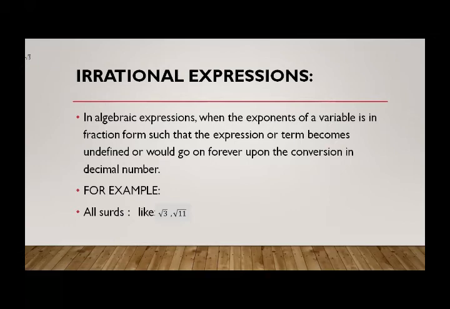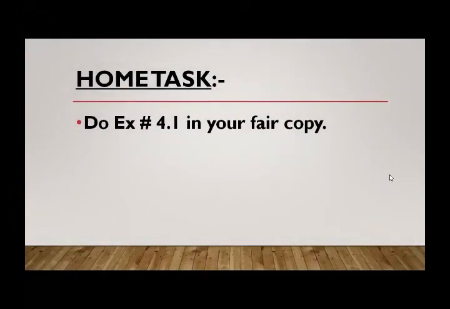The same case is given in root 11. If we try to take its square root by calculator, the answer is 3.3 something, and on simple division its answer will be in fraction. So they are all examples of irrational expressions.